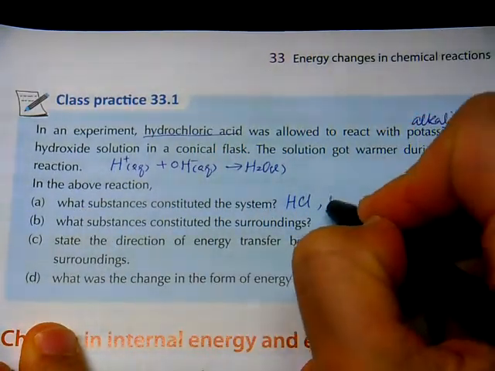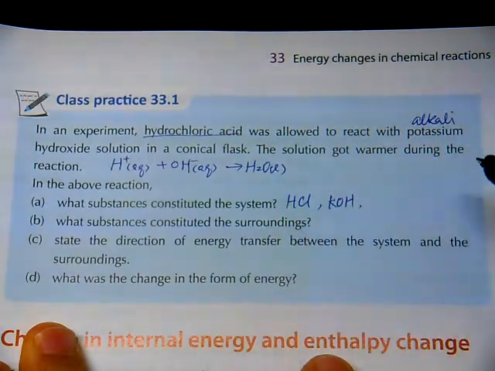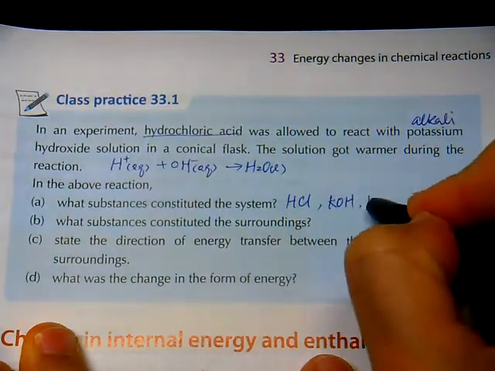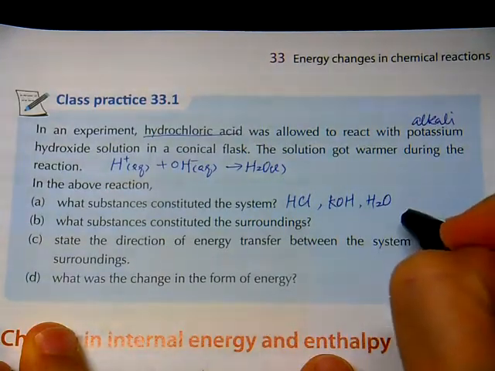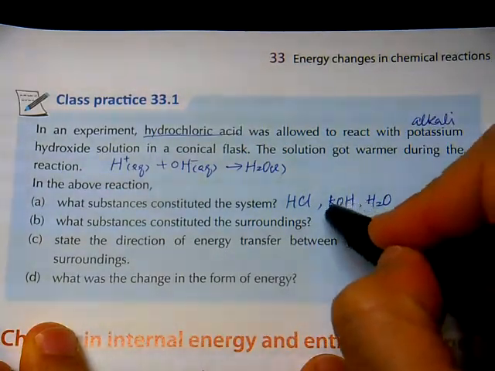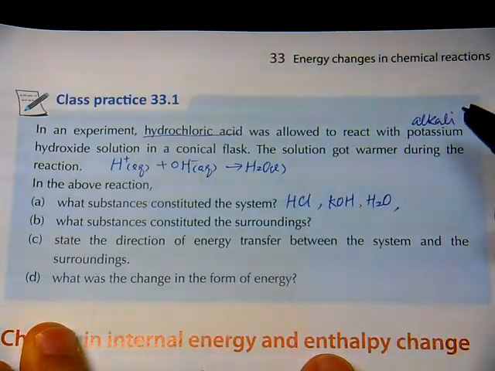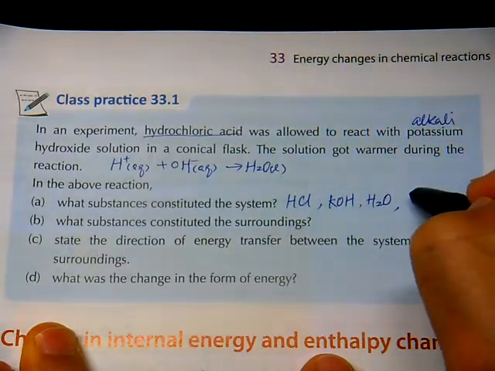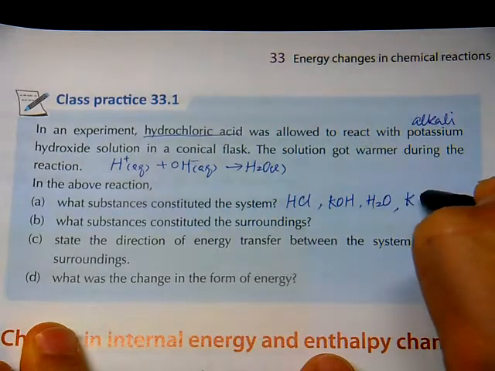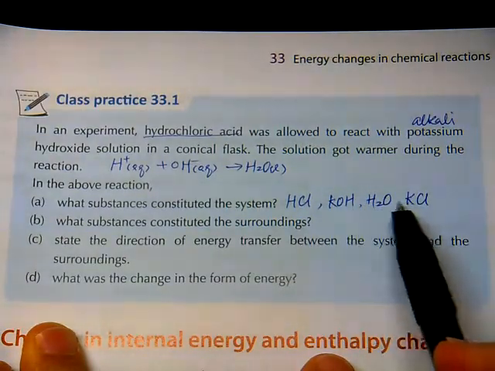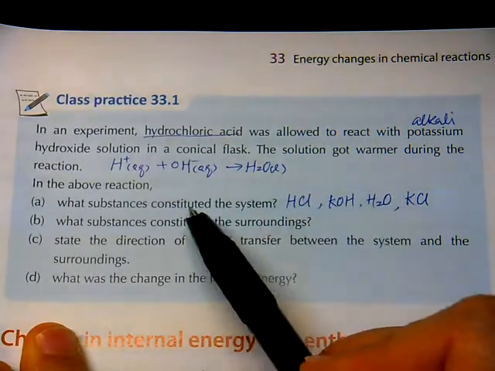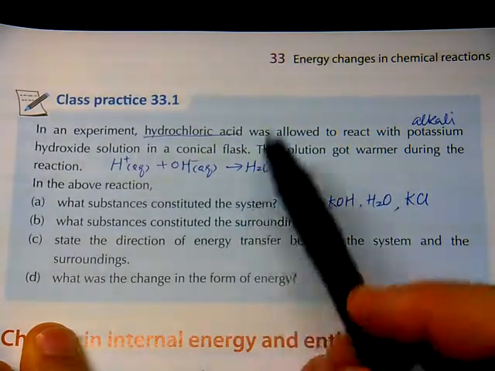HCl, KOH, is there any others? Water. Okay, because water must be present in any aqueous solution. Finally, one more, which is the product. The product, KCl, is one of the members that constituted the system.